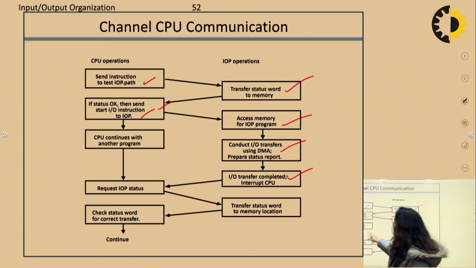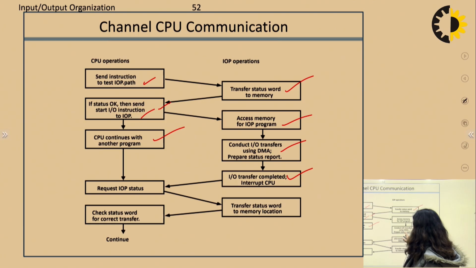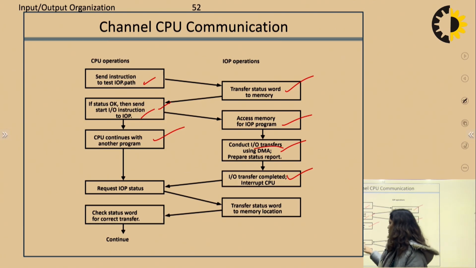The CPU in parallel will be continuing another program while the IOP is busy transmitting the data. In that moment the CPU is doing its own task.